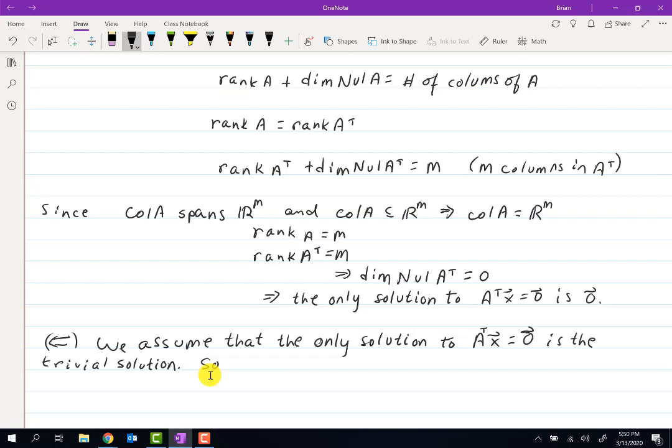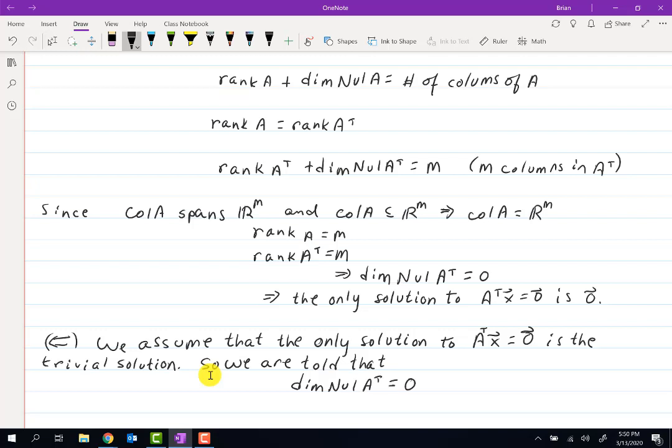So we are told that dim null A^T is equal to 0.